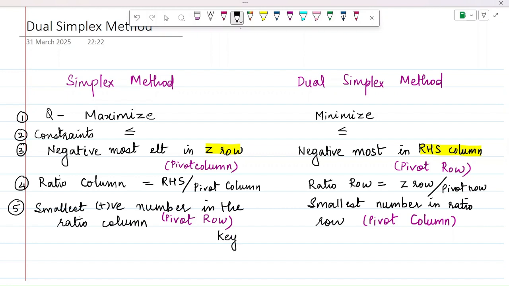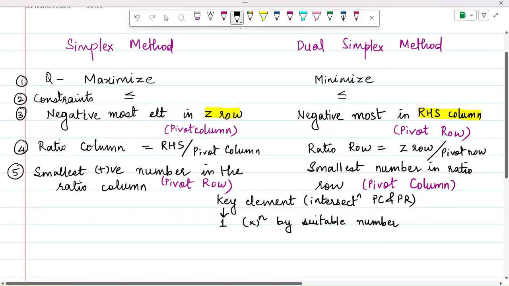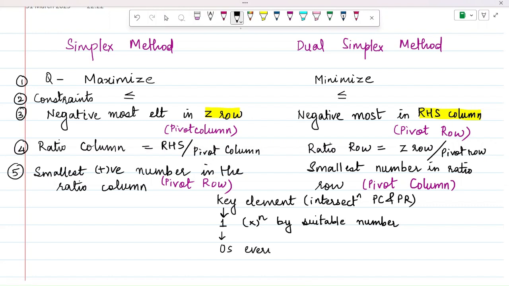You convert the key element, which is the intersection of the pivot row and the pivot column, into 1 by multiplication by a suitable number. And then you apply suitable row operations to make zeros everywhere else in the pivot column.